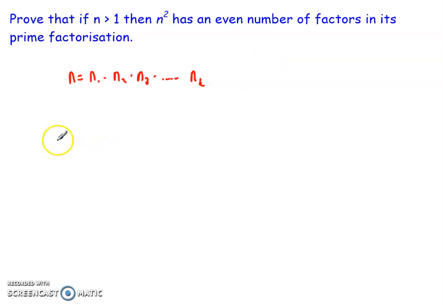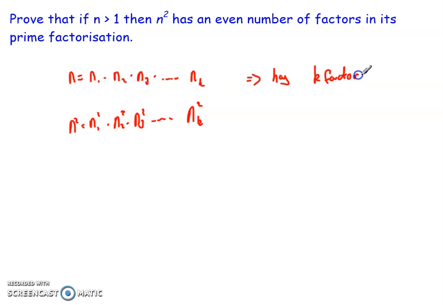If I were to then do n squared, I'd have n1 squared times n2 squared times n3 squared, all the way up to times nk squared. Now, what that means is that n has k factors.